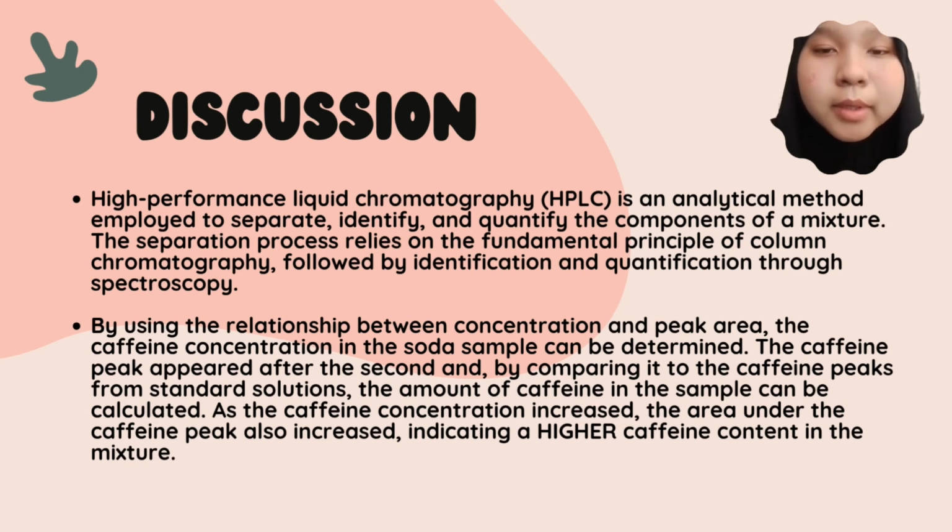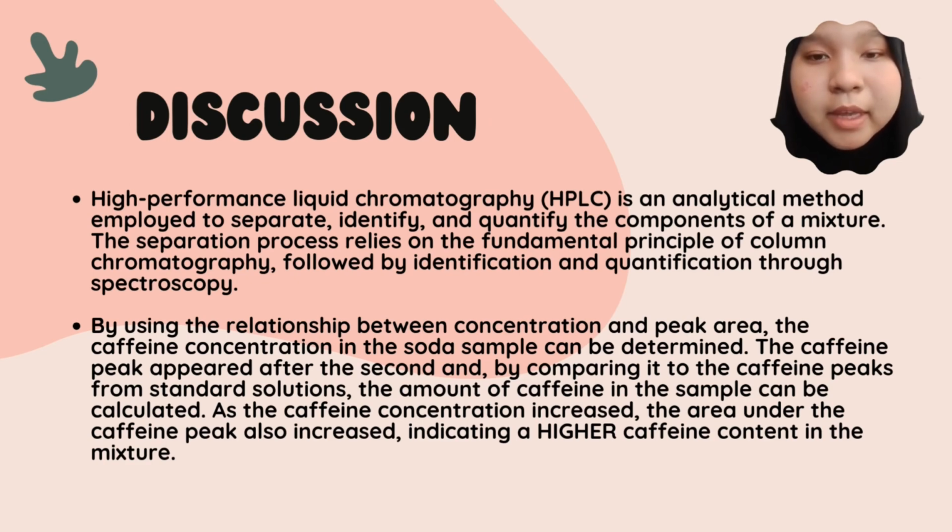For the discussion part, first, high-performance liquid chromatography is an analytical method employed to separate, identify, and quantify the components of a mixture. The separation process relies on the fundamental principle of column chromatography, followed by identification and quantification through spectroscopy. Second, by using the relationship between concentration and peak area, the caffeine concentration in the soda sample can be determined.